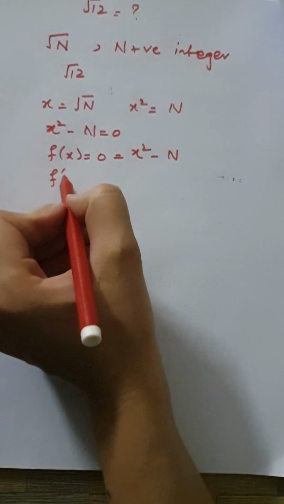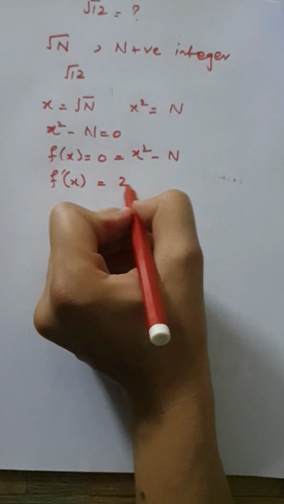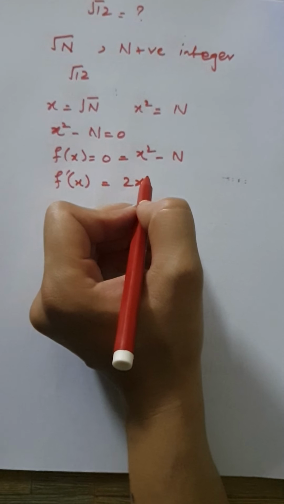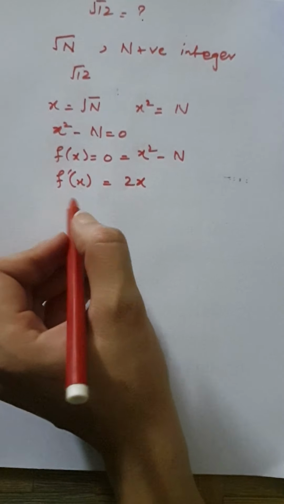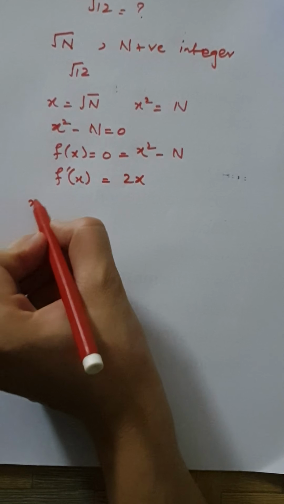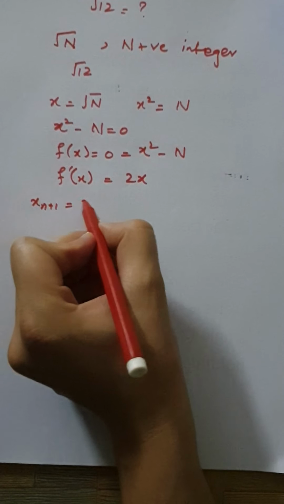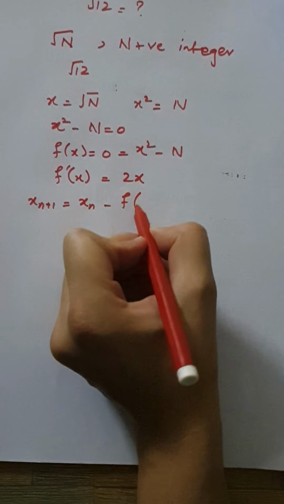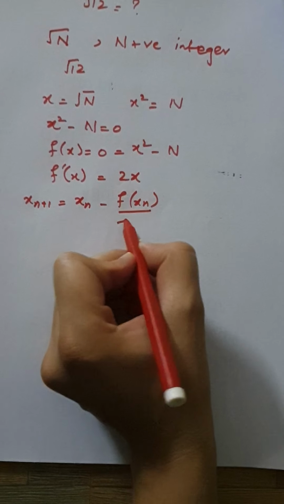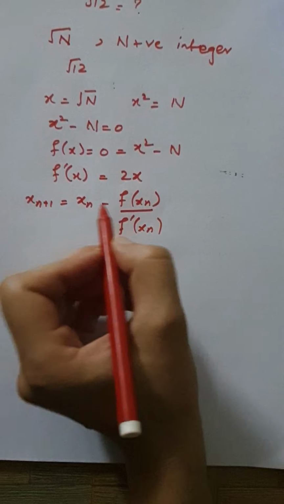Now let's find the derivative of this function. This will be equal to 2x. Now according to the Newton-Raphson method, x of n plus 1 is equal to x of n minus f of x of n divided by f bar of x of n.